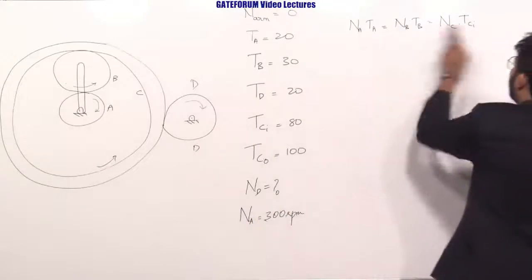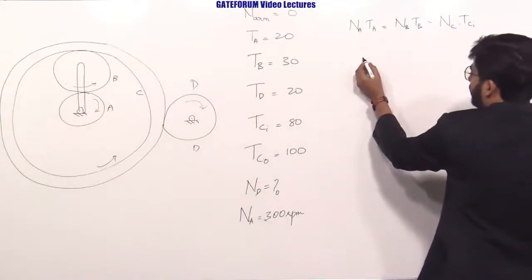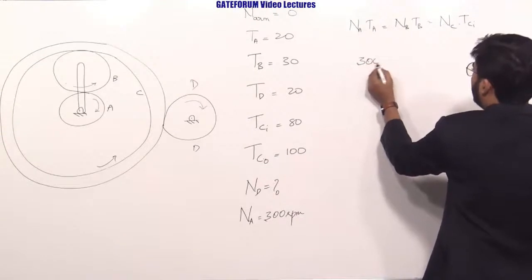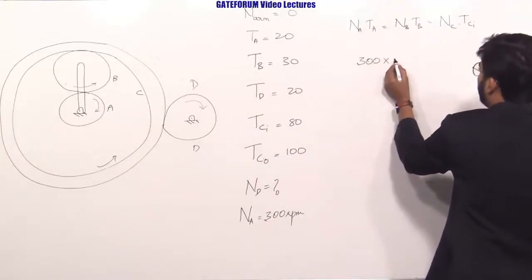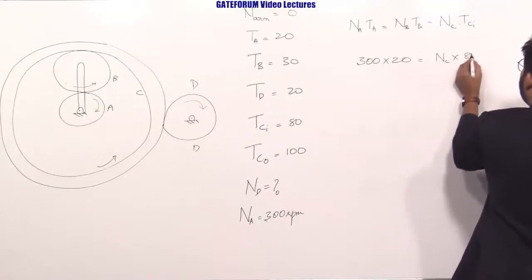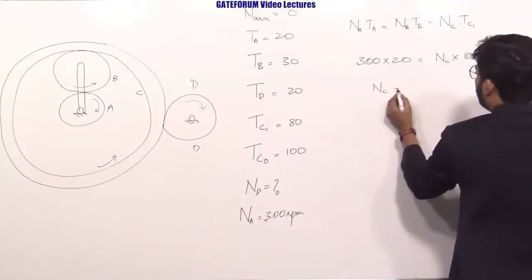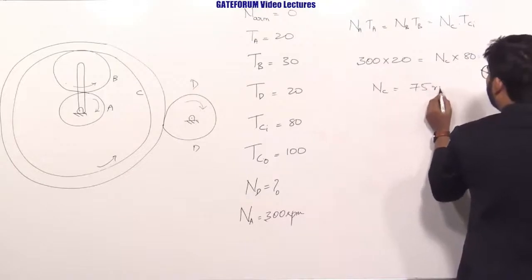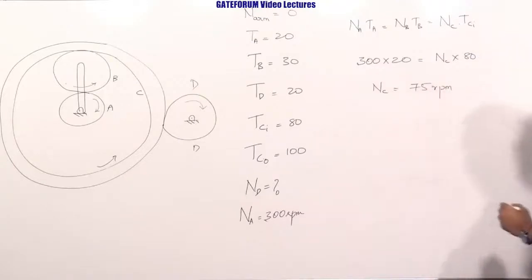So NA is 300 into TA is 20, and NC is not known, TC is 80, which means NC will be equal to 75 rpm.